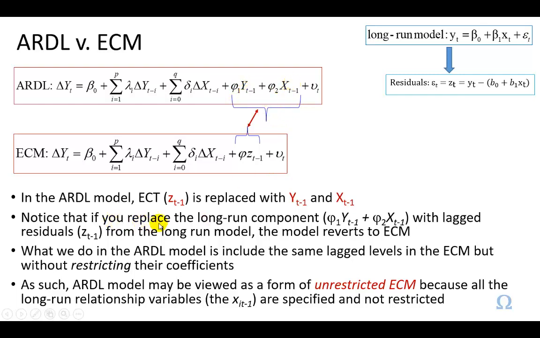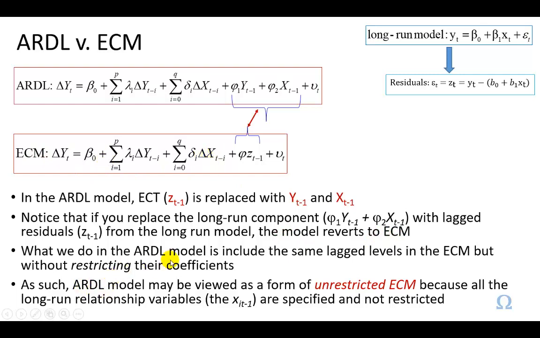And so you notice, as I indicate here, that if you replace the long-run components, which is this term right here, with the lagged residuals extracted from running this long-run model, as I show here, if we lag these residuals, then the model would revert to the error correction model, which is this one here.